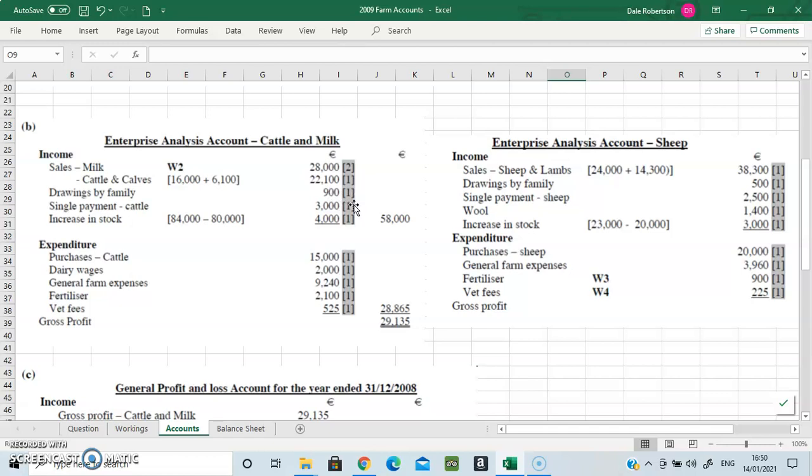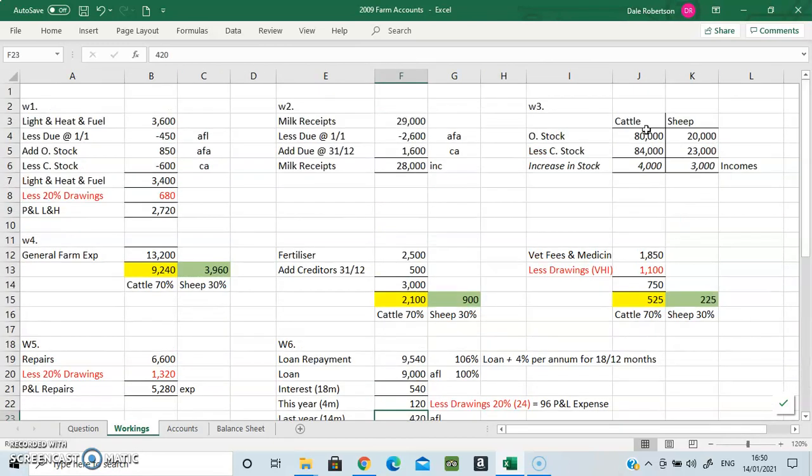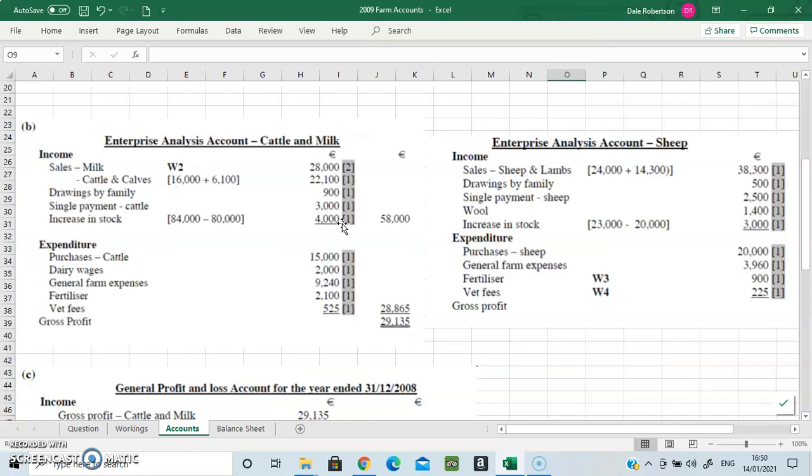You have your single farm payment for cattle, 3,000, and you have your increase of stock, which was from the third adjustment I think that we did. Do you remember these increases here from the previous video? Increases of 4,000 for cattle. And in the expenses, you have your purchases of cattle.